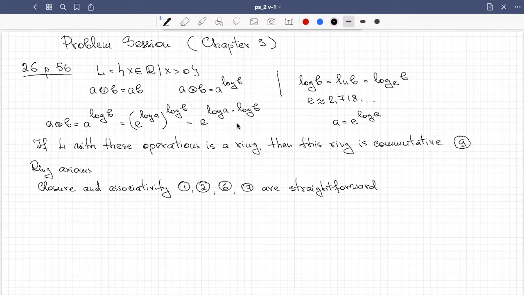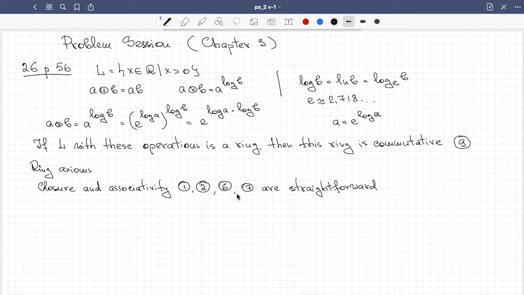So if we take A and B positive reals, the logarithms are defined. Whatever the product is, positive, negative, does not matter. The exponential of any real number is a positive real number. So indeed, this suspected ring, the set L, is closed with respect to this operation of multiplication.